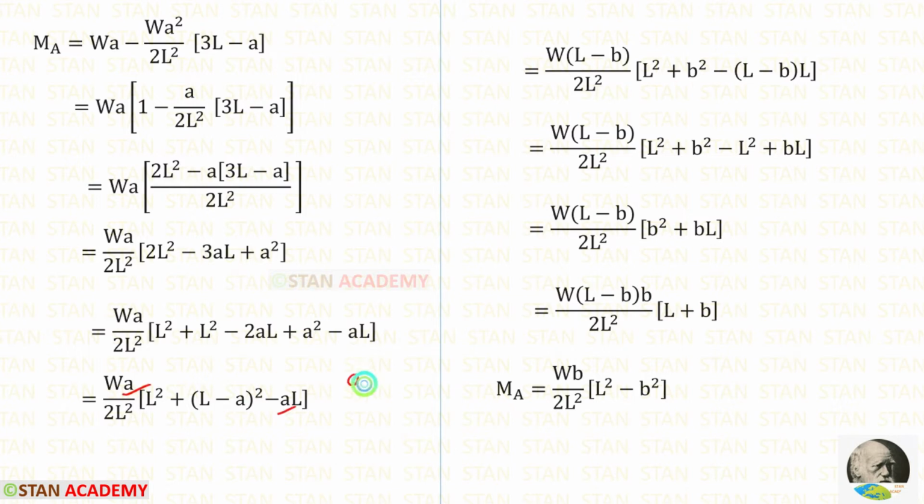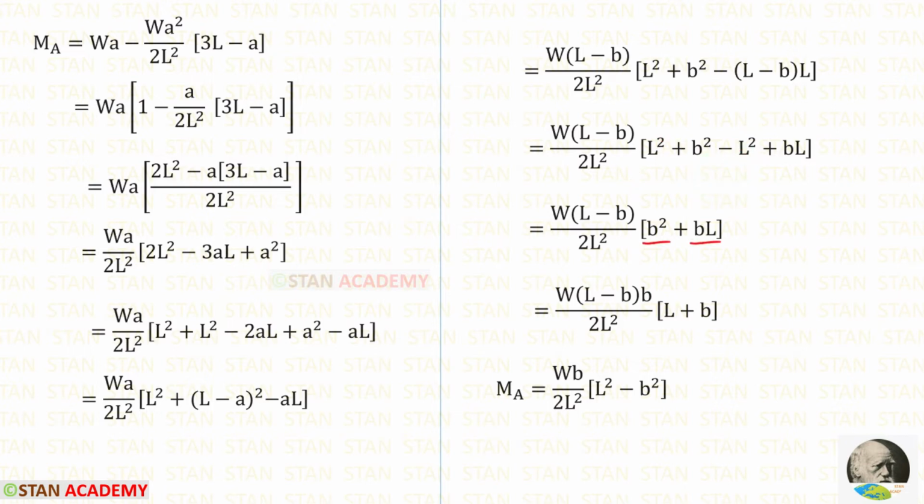We know that A is equal to L minus B, so instead of A, let us apply L minus B. Let us multiply L minus B with L, we will get L square minus BL. Then take the negative sign inside, so L square becomes negative and BL becomes positive. We can eliminate L square.